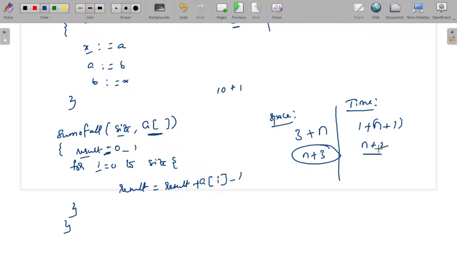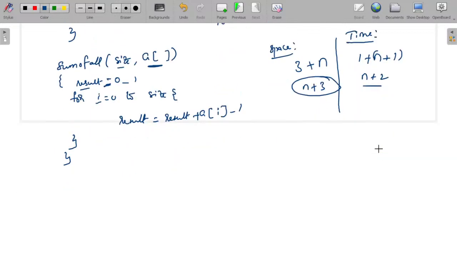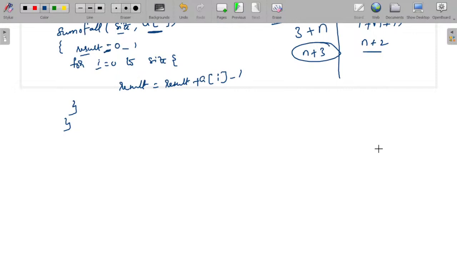Hope you understood how to find the time complexity and space complexity for any given algorithm. Let me just show you where we will end up with squared time complexity. For example, let us say I have to iterate through a matrix. How do you iterate through a matrix? For i equals 0, i less than or equal to n, i plus plus.